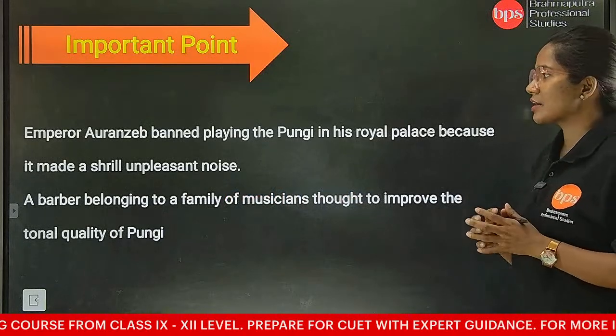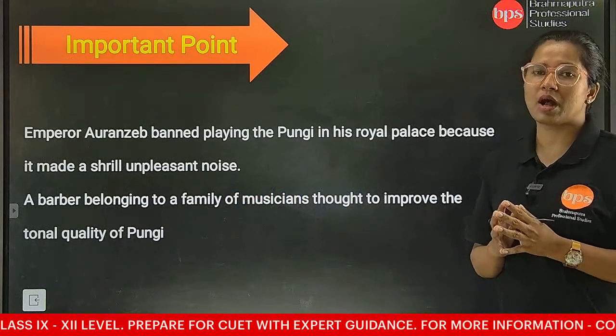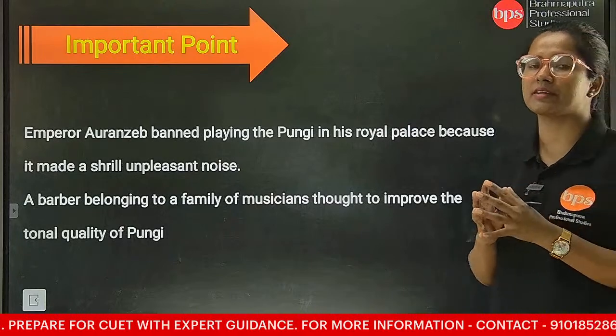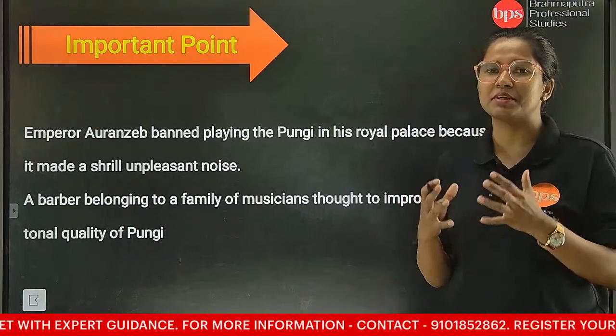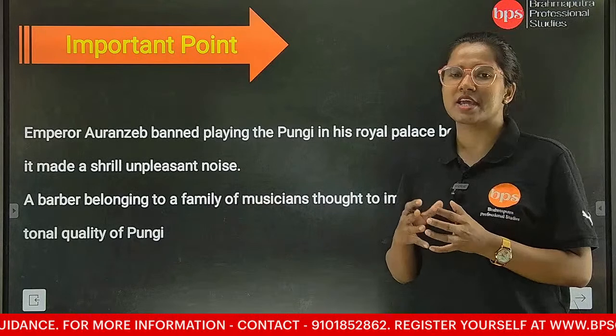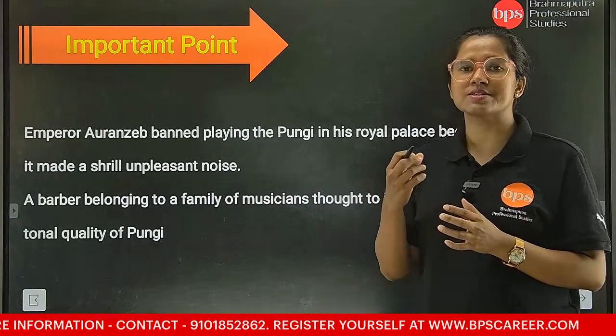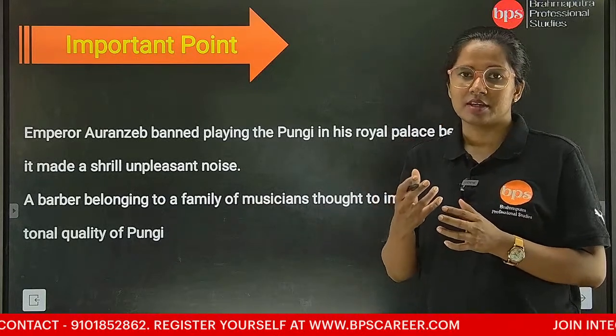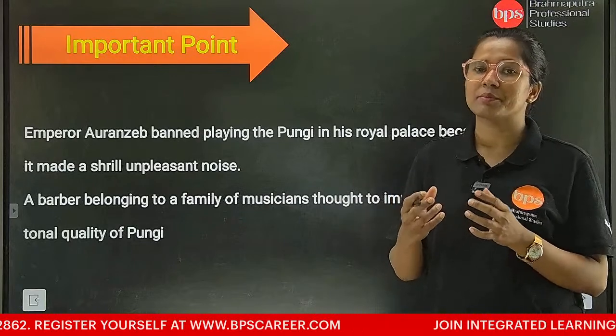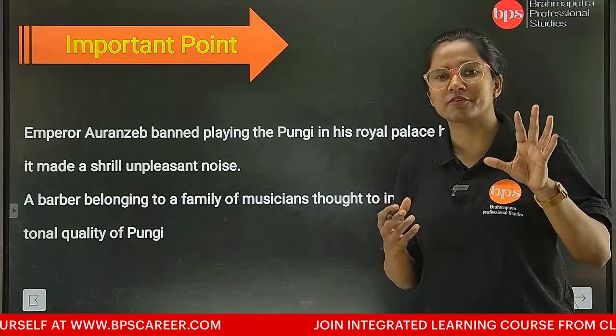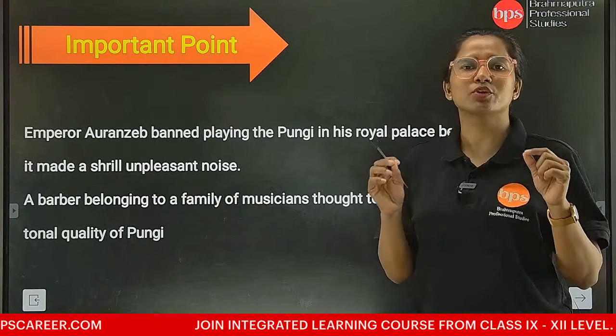Let's start with the beginning, where we will know how the concept of Shehnai came to the forefront, and how it was discovered. It was discovered from a musical instrument, and the name of that musical instrument was pungi.